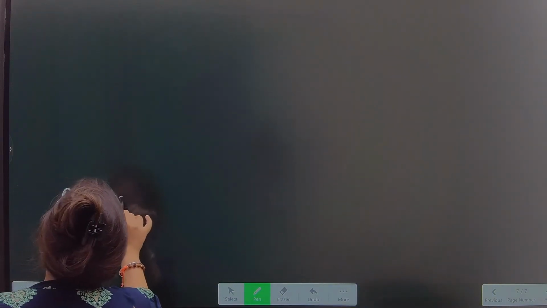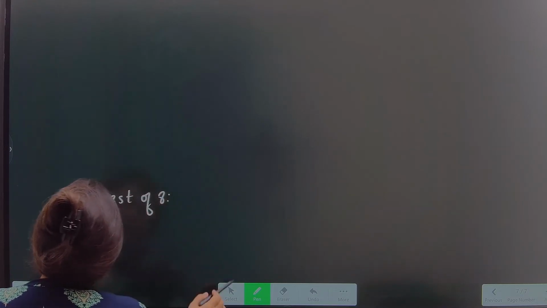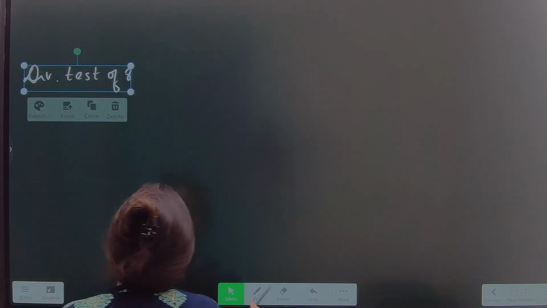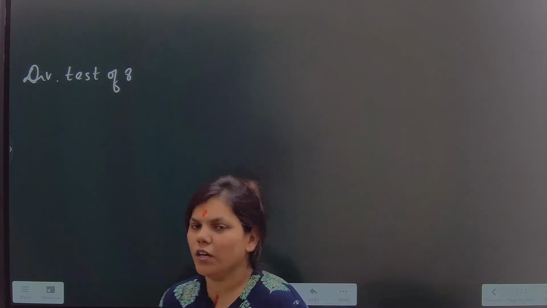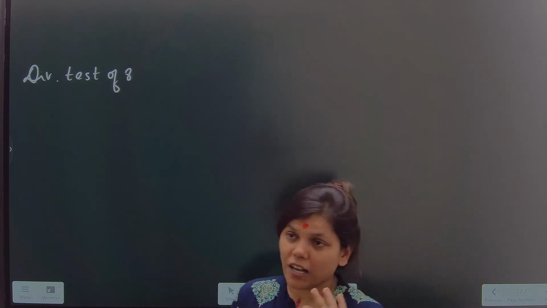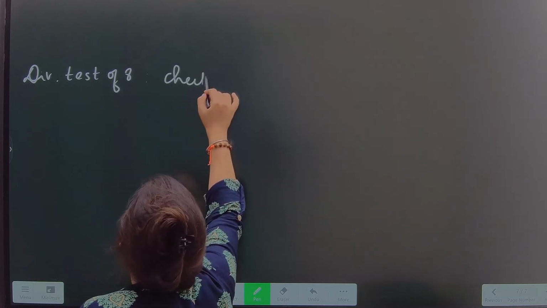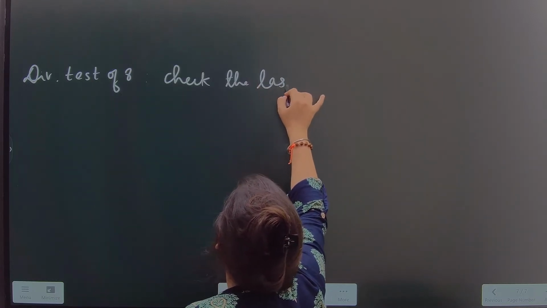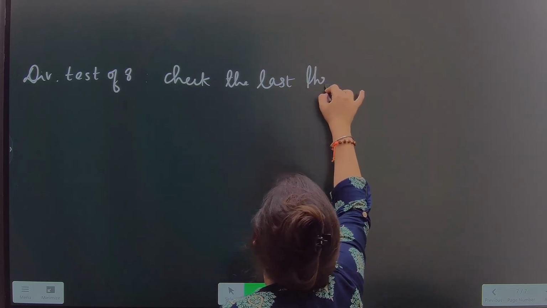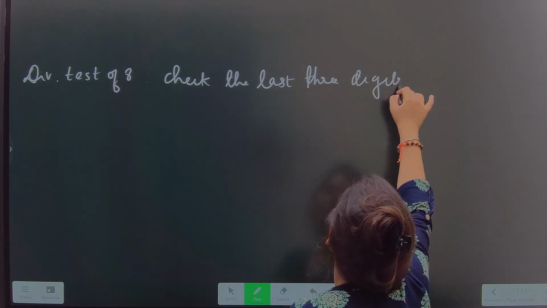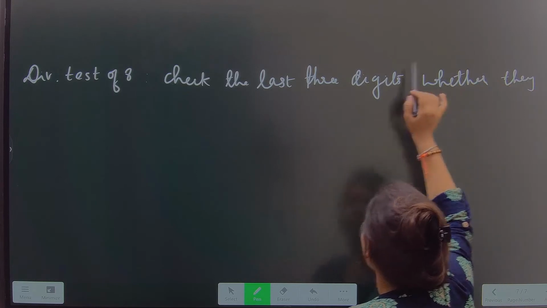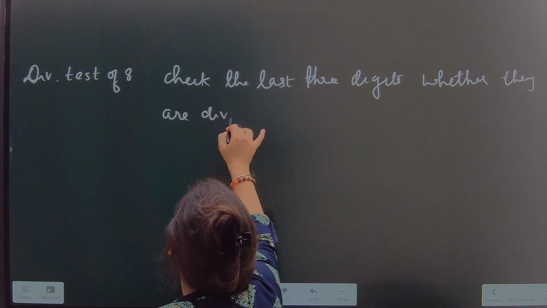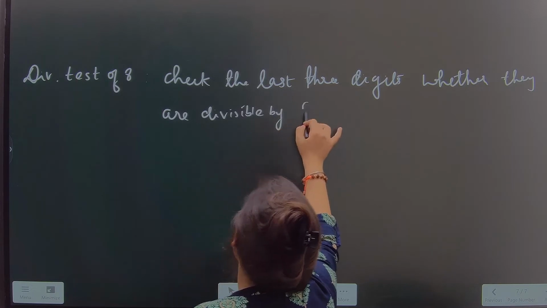Then next, divisibility test of 8. For checking whether the number is divisible by 8 or not, you just need to check the last 3 digits, whether they are divisible by 8 or not.